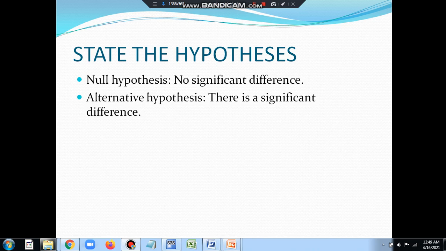Please note that a t-test is a parametric test. Parametric tests are those tests that make assumptions about the population distribution. And here, for performing a paired sample t-test, we assume that our data is continuous in nature.